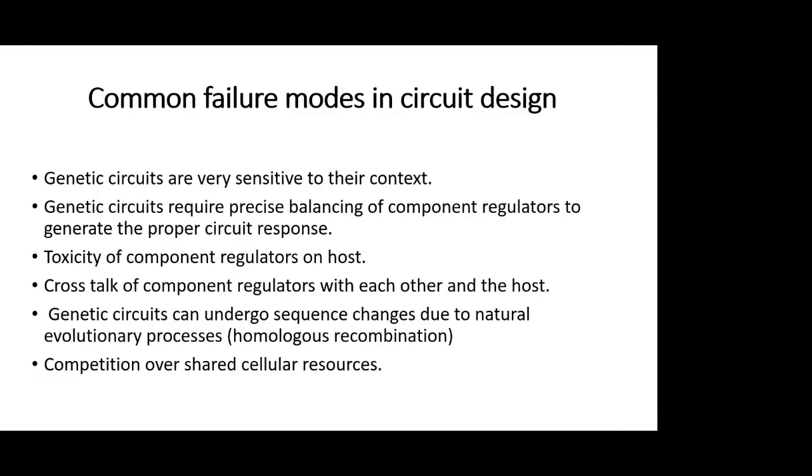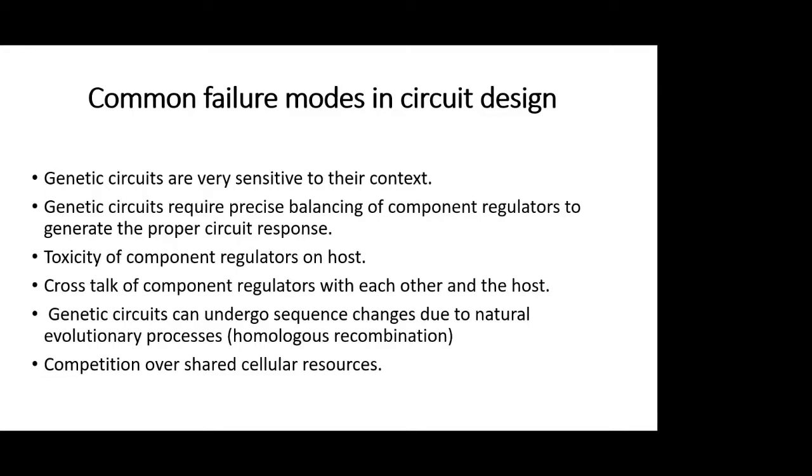homologous recombination. You could have the genetic circuit design, and it is working properly. It might be working properly inside the host, but due to evolutionary processes, due to natural selection pressure on the host, it could undergo sequence changes, like mutation. Or you could have homologous sequences inside the genetic design itself that you need to screen for before you construct your circuit.